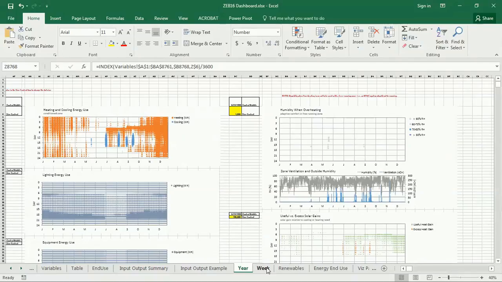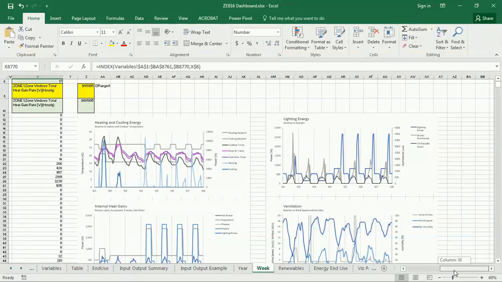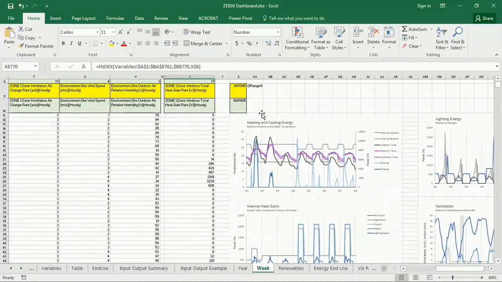And we can look at that in another file. Let's look at this day, for instance, in the third week in February or so. Go to week, and let's go to February 18th.